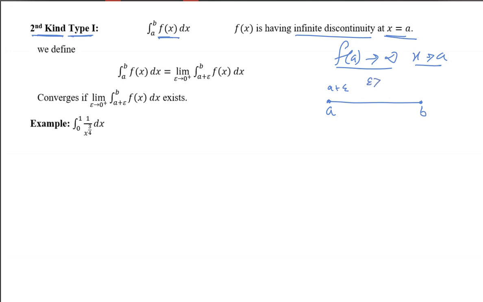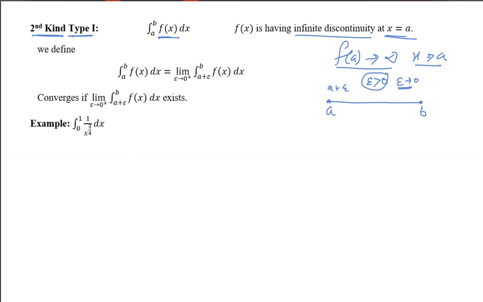Epsilon is a positive quantity, but very small, that means epsilon is always tending to 0. If epsilon tends to 0 plus, the value takes positive values, so it is the right hand limit. It will not go outside the range, it will always go inside the range.